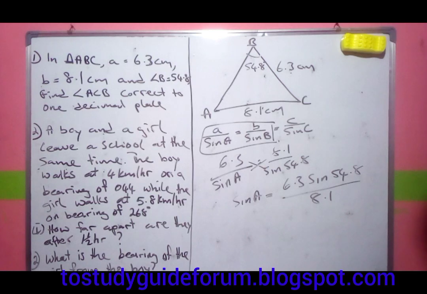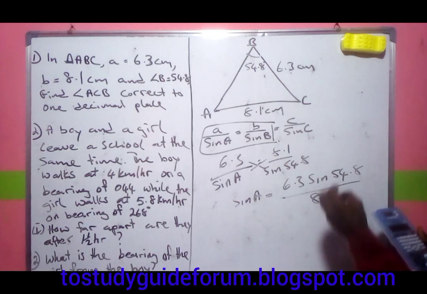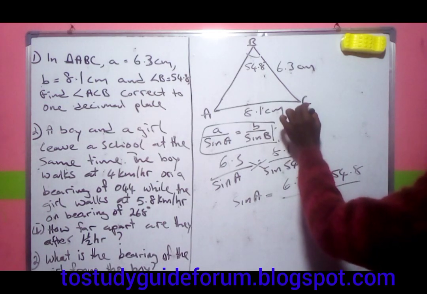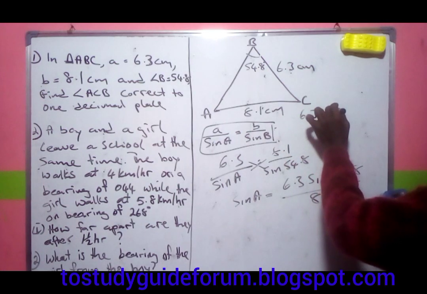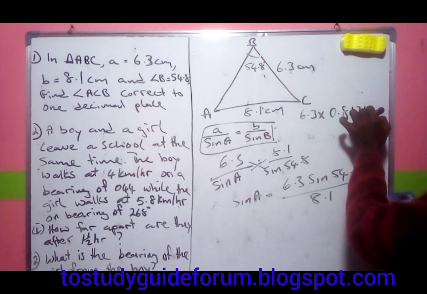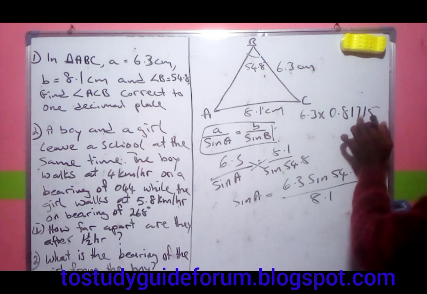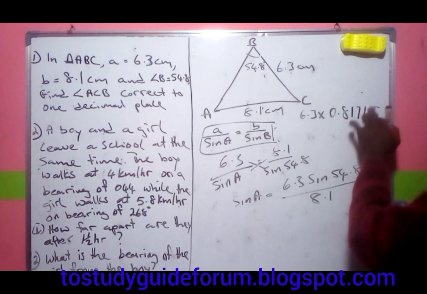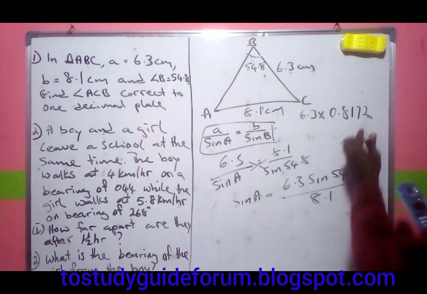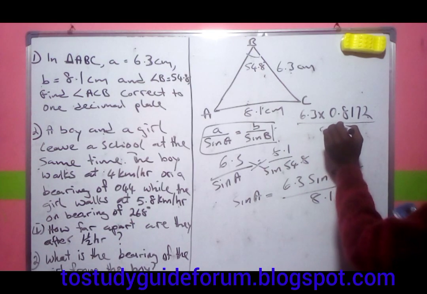Sine 54.8 gives us 0.817715, so what we have is 6.3 times 0.8177, to 4 decimal places, and then we divide by 8.1.